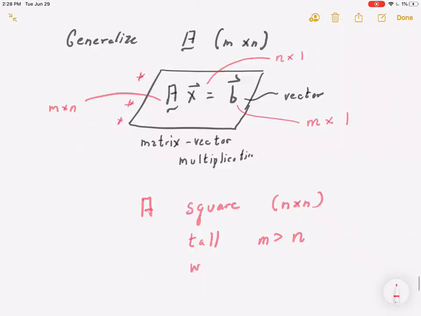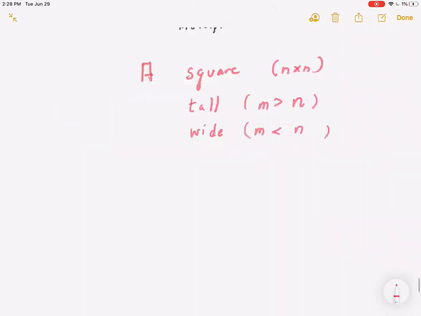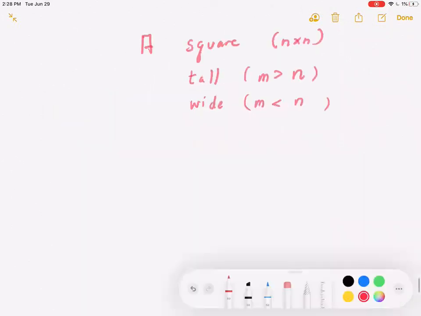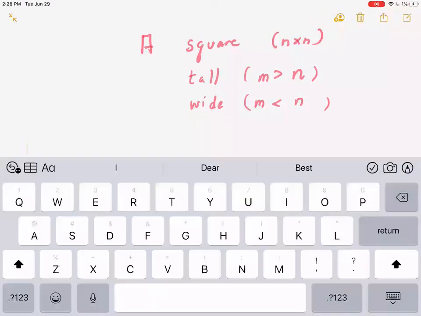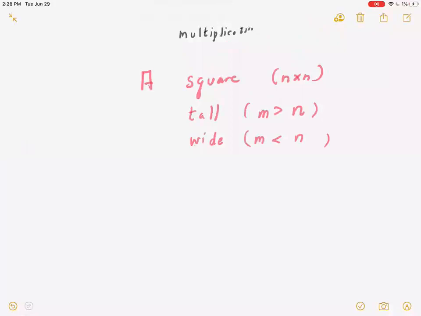Or it could be a wide matrix, where the number of rows is less than the number of columns. Okay, so we really are just simplifying everything we've done in the first 5 lectures. And to see that in a concrete fashion, I want to go through some case studies.